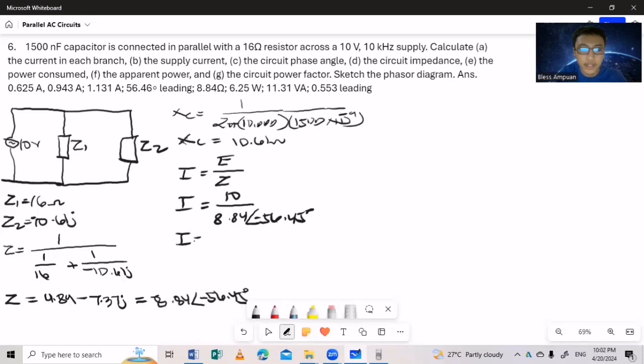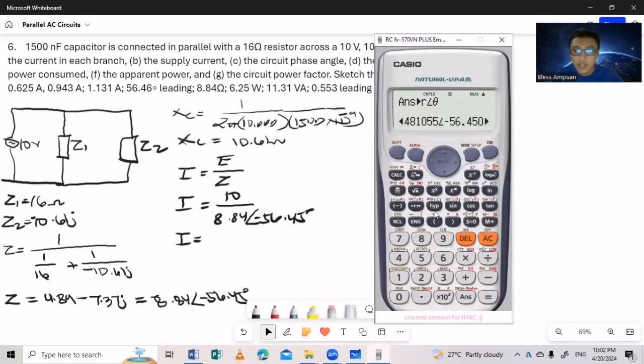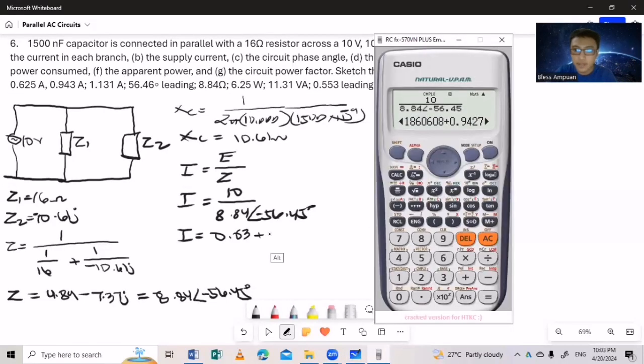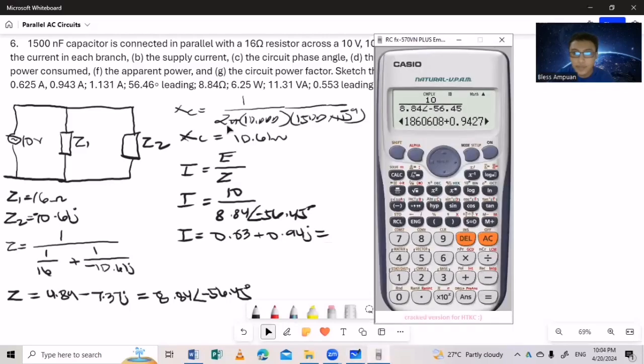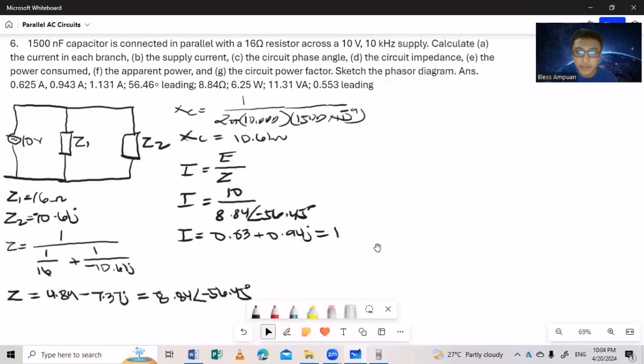Therefore, our current is plus 0.94 J. Let us convert this into its polar form. So we have 1.13 angle of 56.45 degrees.